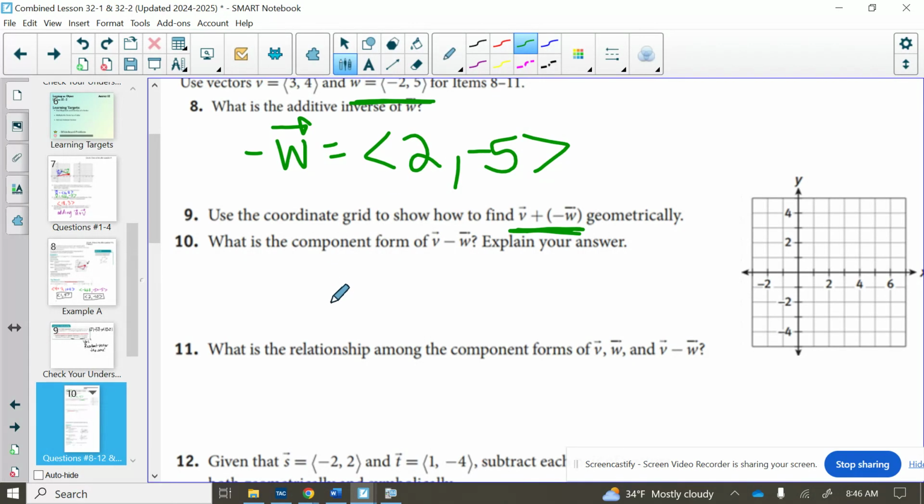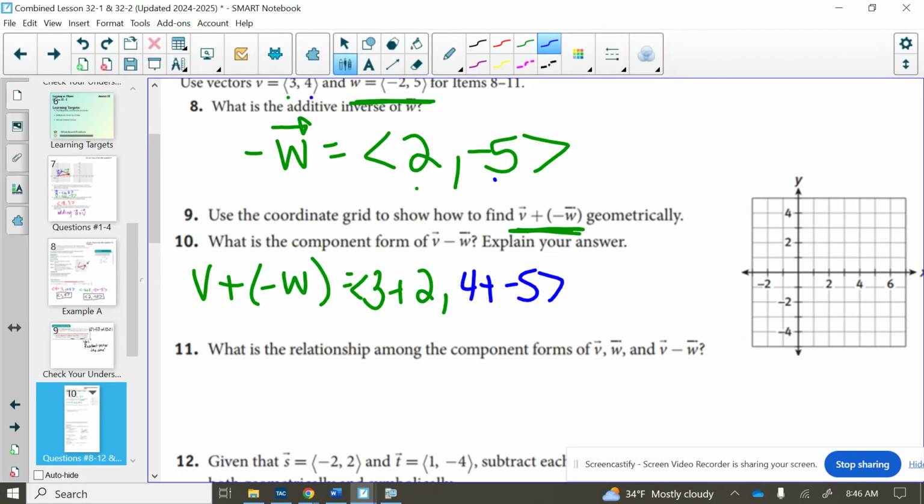So if we take 3, 4, and add to it vector w, which again is negated, we would have 3 plus 2 for component A, and then 4 and -5 for B, for a final resulting vector of 5, -1 on that.